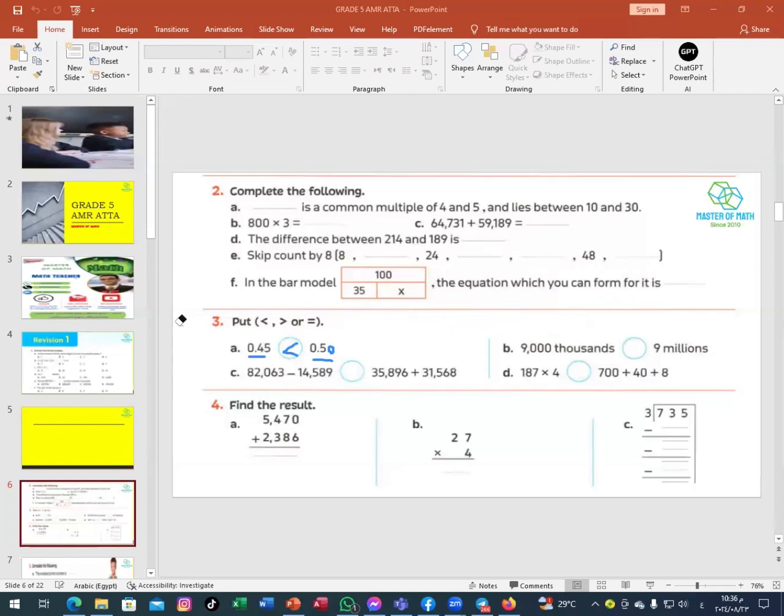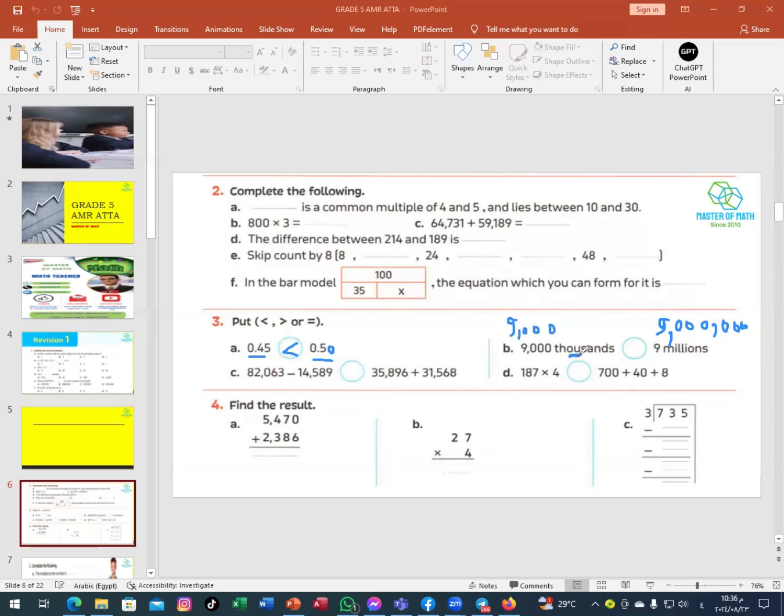B, 9 million and 9,000 thousandths. 9 million has 6 zeros. And 9,000 thousandths, I write 9,000.